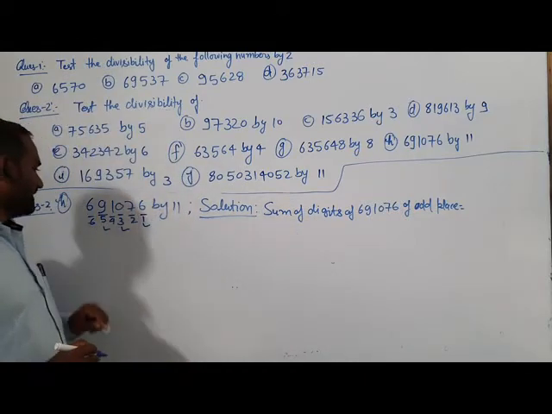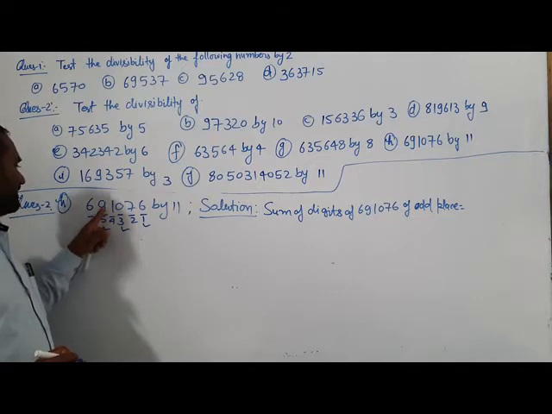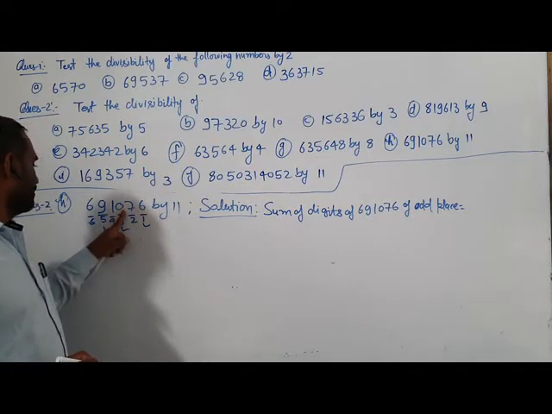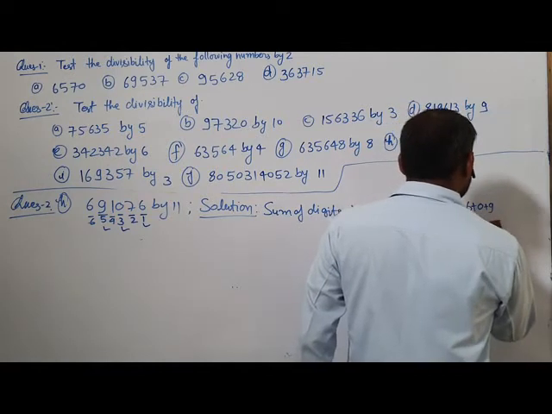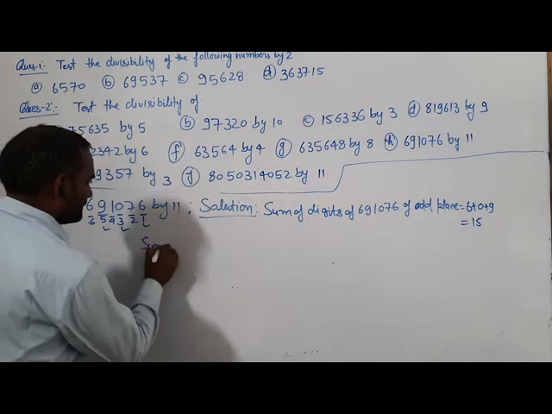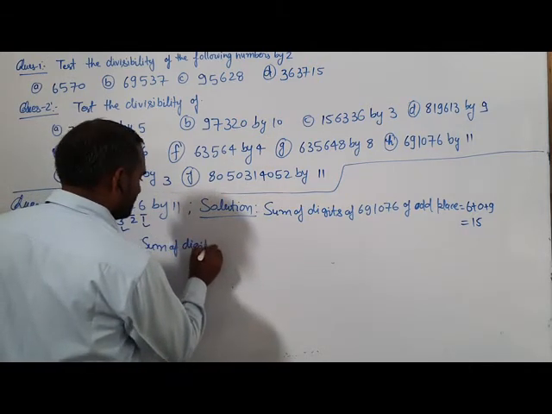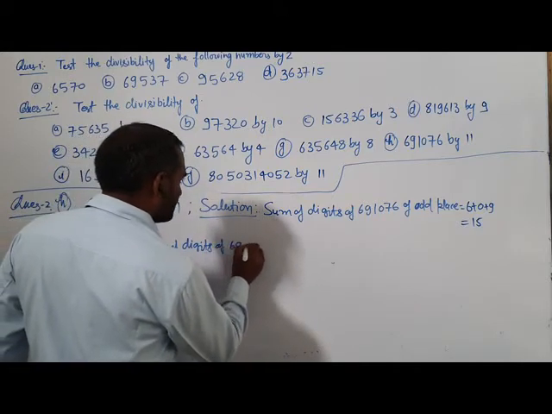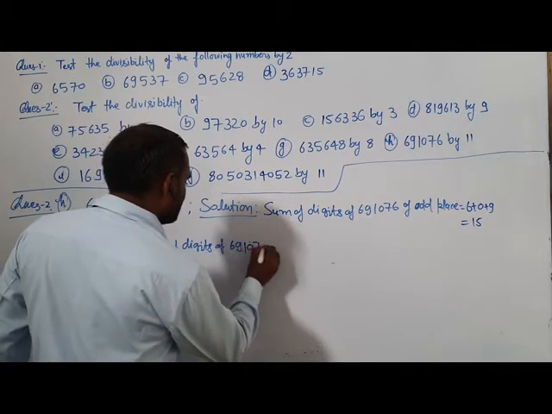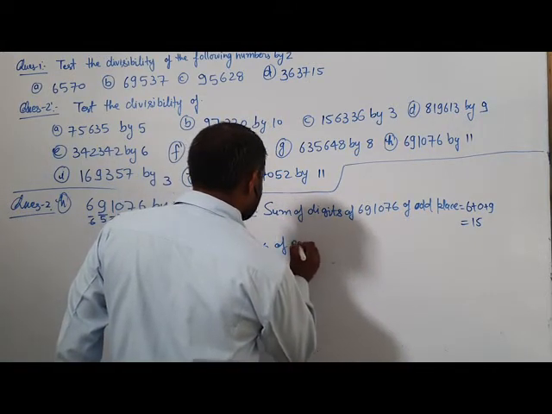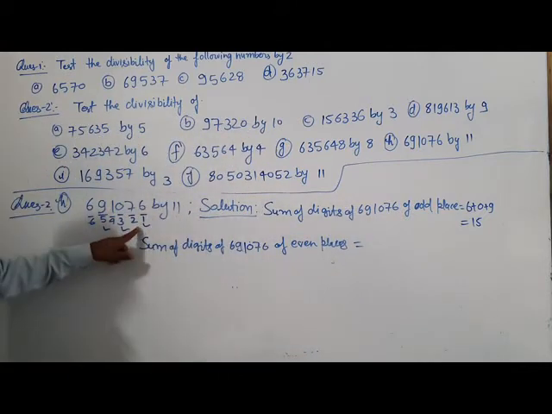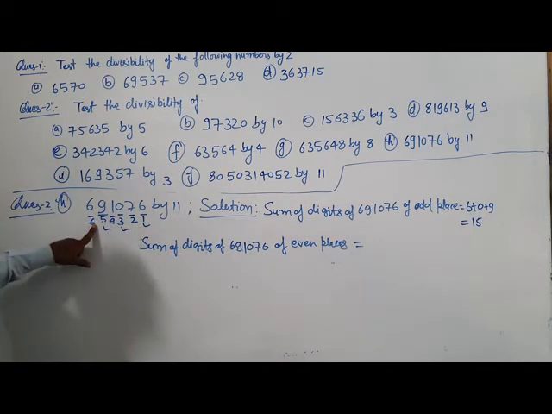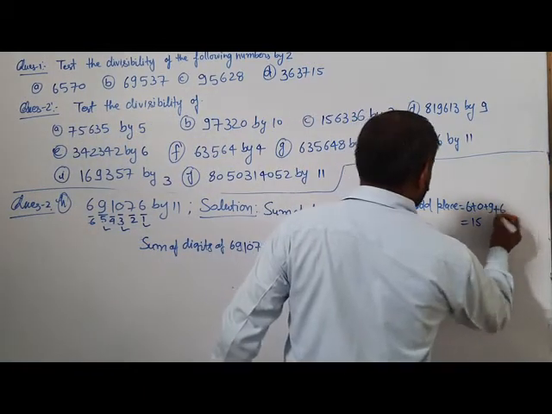In 1, 3, 5: at the first place is 6, at the third place is 0, at the fifth place is 9. So 6 plus 0 plus 9 is equal to 15. Sum of digits of even places: the even places are 2 and 4, 1 2 3 4 5 6, and 6 is also an even place, so add 6.